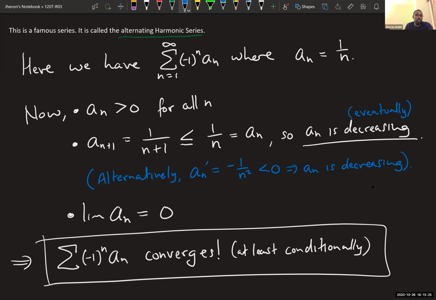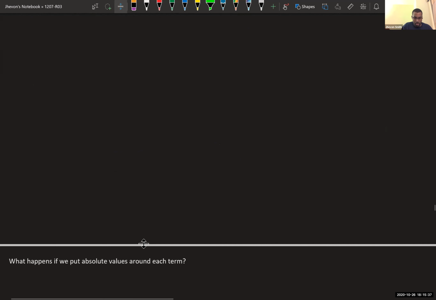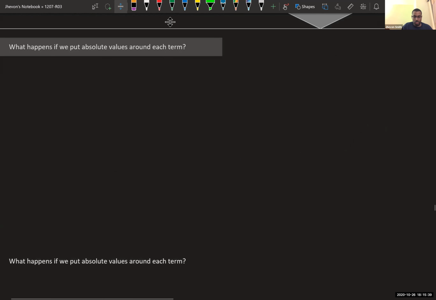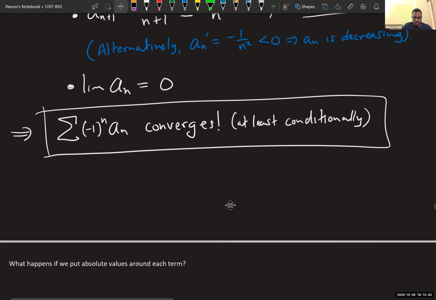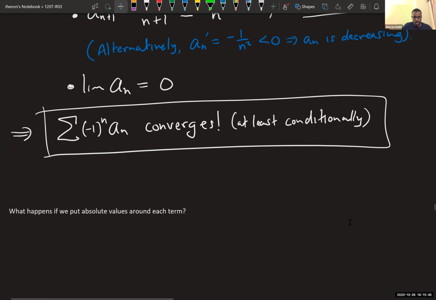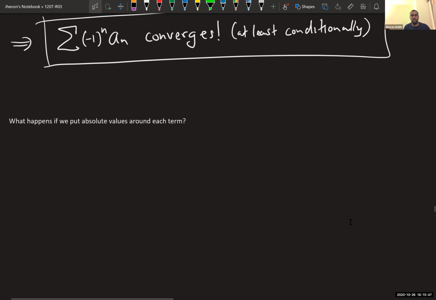At least it converges conditionally. It might converge absolutely. That being said, let's actually talk about that. What would happen if we put absolute values around each term? Wouldn't it just mirror 1 over n, which we know diverges? Exactly.